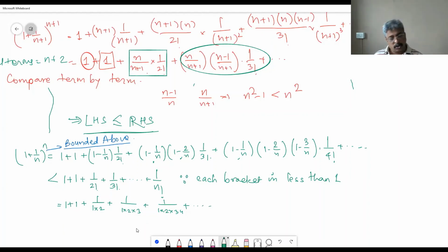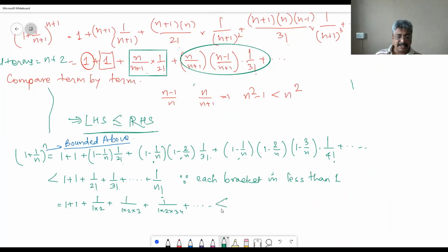Okay. So now increasing the denominator is decreasing the fraction. Is that correct? Decreasing the denominator is increasing the fraction.